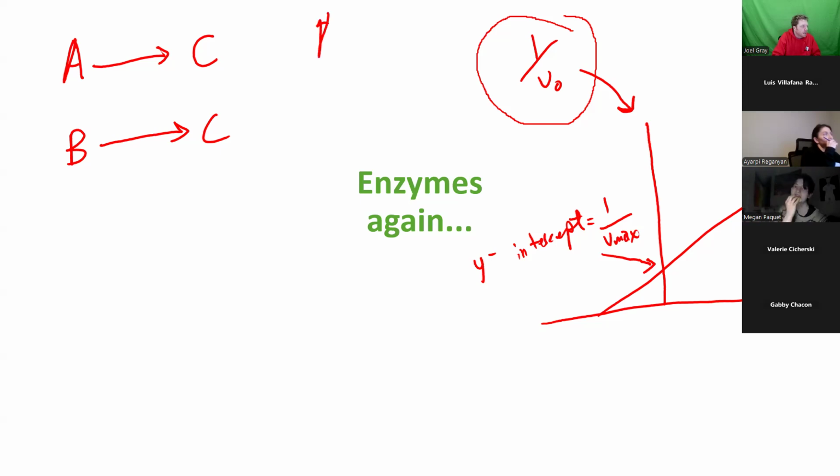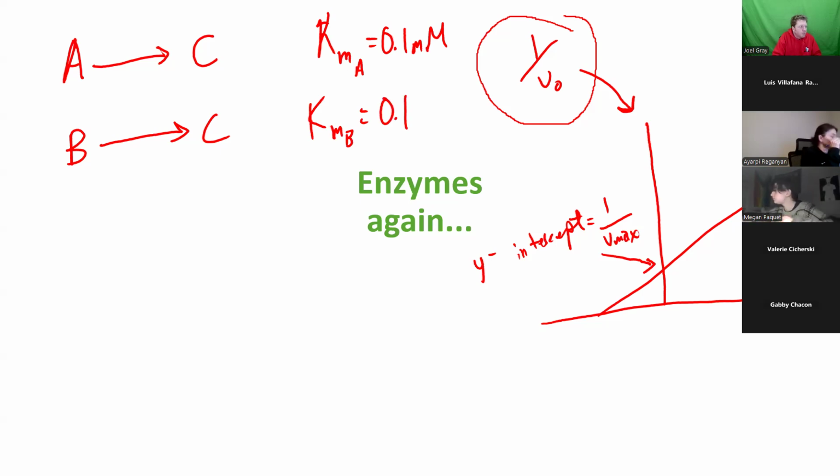So Km A is 0.1 millimolar, and Km B is 0.1 nanomolar. Which Km is lower, A or B?